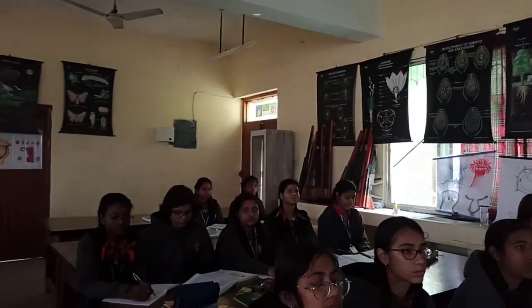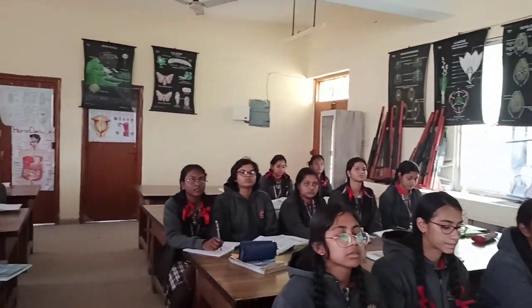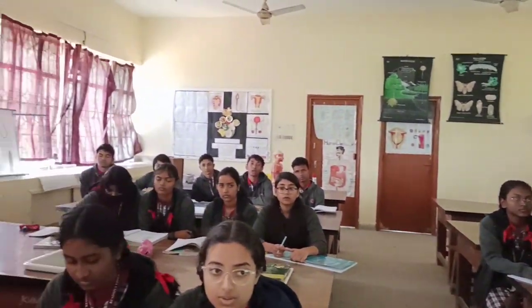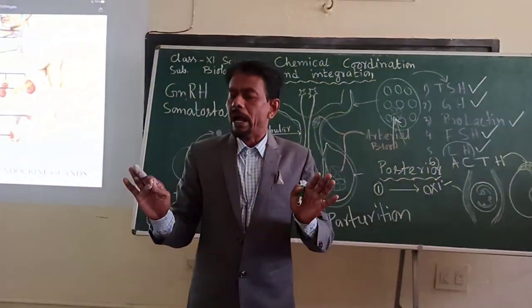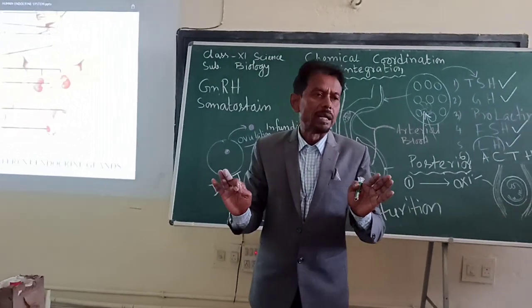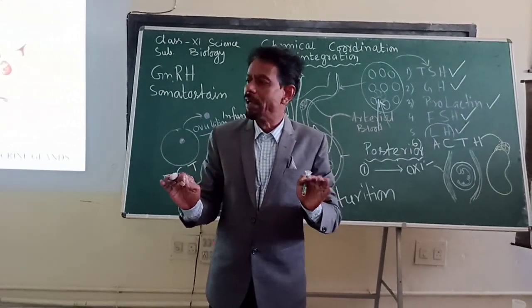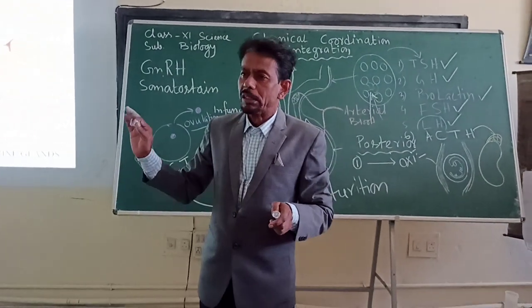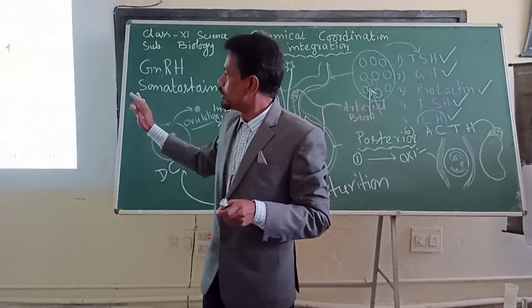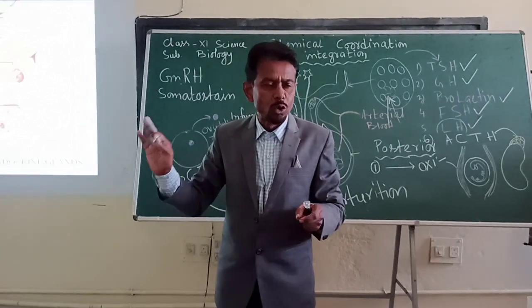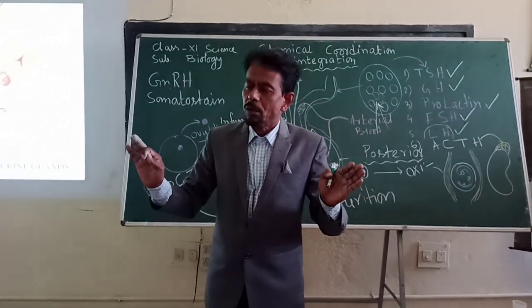If you have any query? Is it clear? Yes. I hope I could give you a very clear idea, and I am sure you have today got a very clear concept about the role of the hypothalamus, the position of the pituitary gland and its role as a master gland.